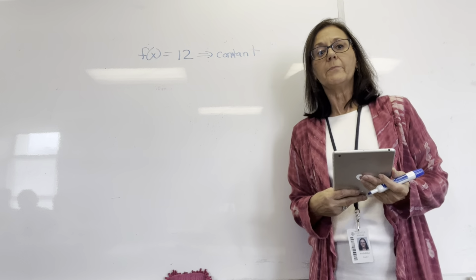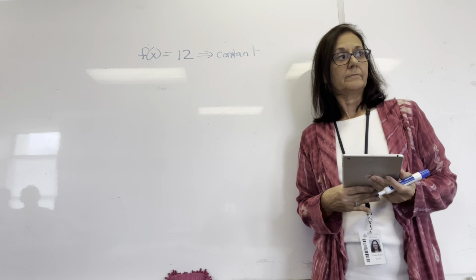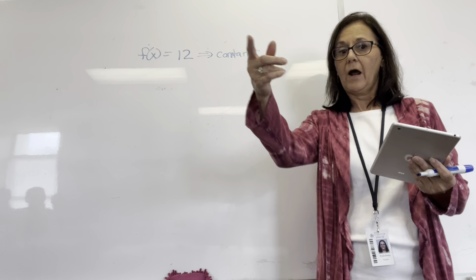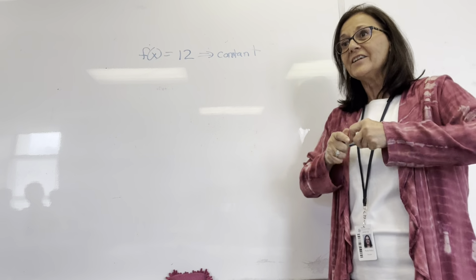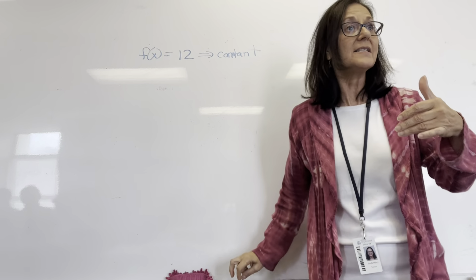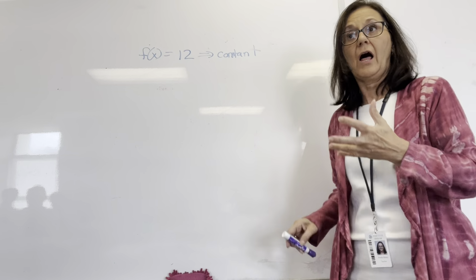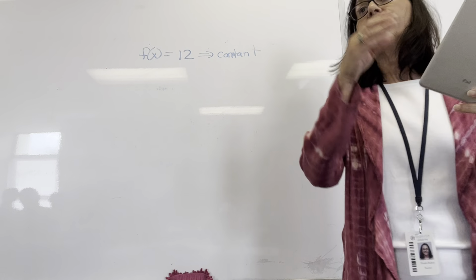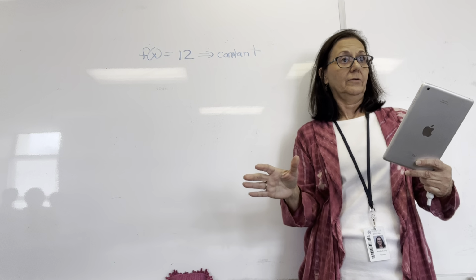Why is it important for us to look at the degree of a polynomial? How many changes in direction, right? How many maxes and mins? Visually, what does the graph look like? That's what it's going to tell us. Because your first degree polynomials are all linear.